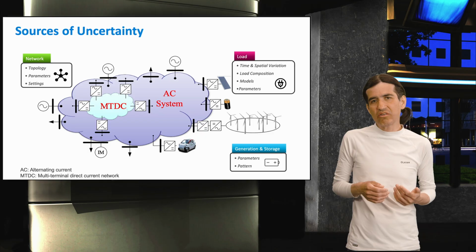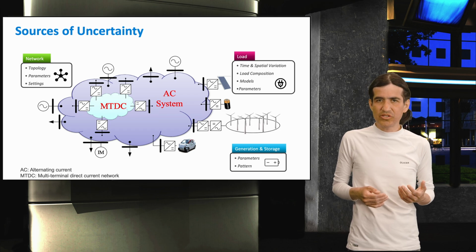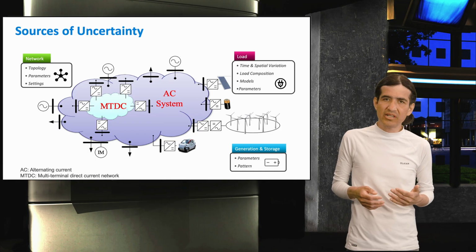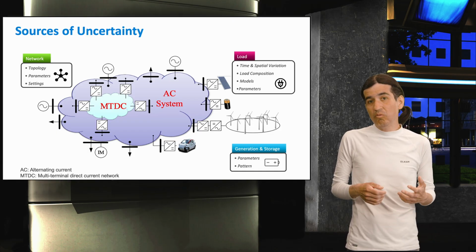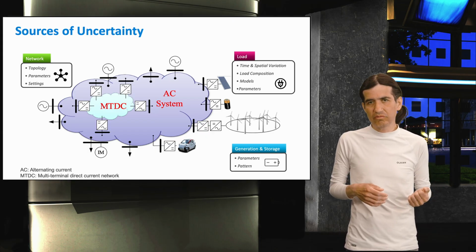Uncertainties are everywhere across the different subsystems and components of modern power systems. For instance, the resistance of a transmission branch varies with temperature, and so weather conditions can affect the load demand at certain points in the system. Weather conditions also affect wind and solar power generation.